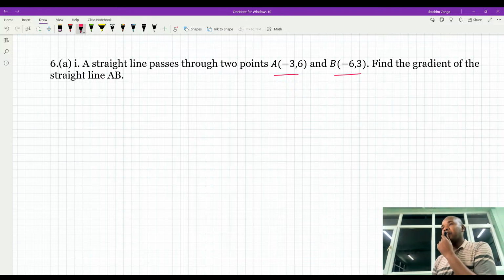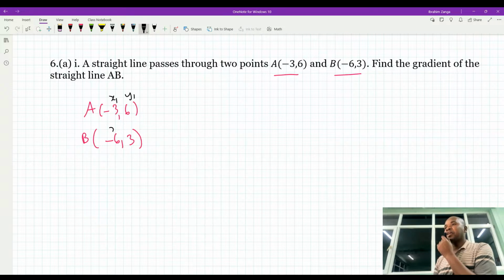So we were given A (-3, 6) and given B (-60, 3). So you're going to define these points. We'll be calling this x1, y1, and this will be x2, y2.